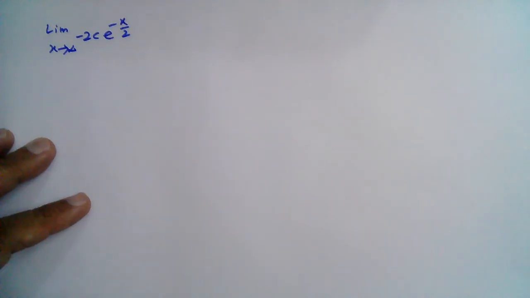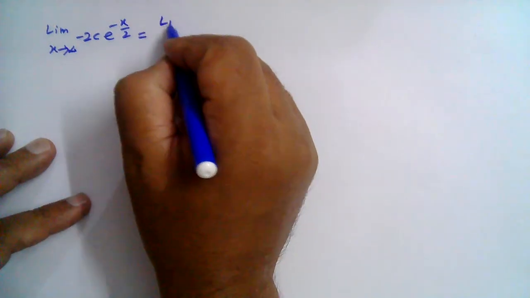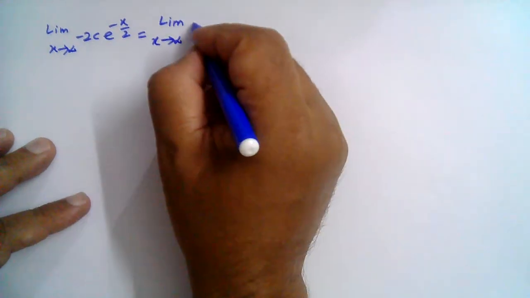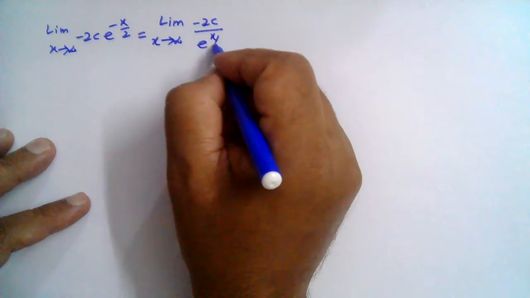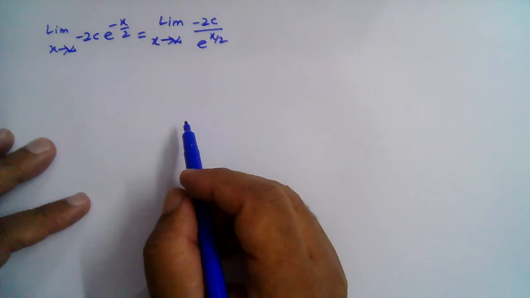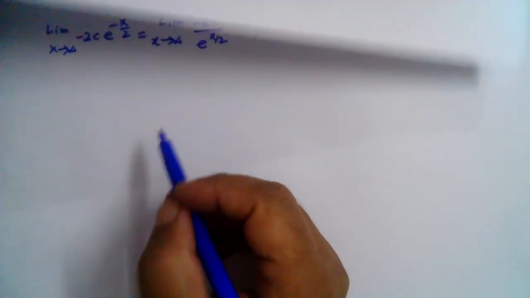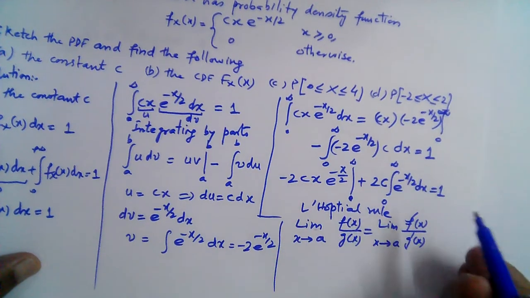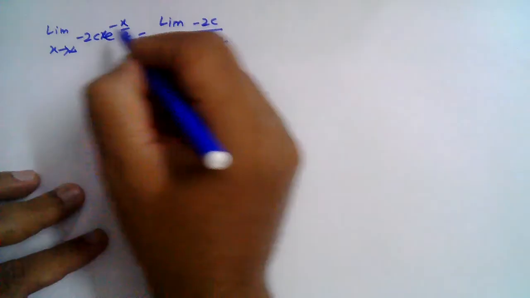Let's write it in the form of a ratio, x tends to infinity. So this is minus 2cx over e raised to the power x over 2, right? So here we have 2cx and x here.